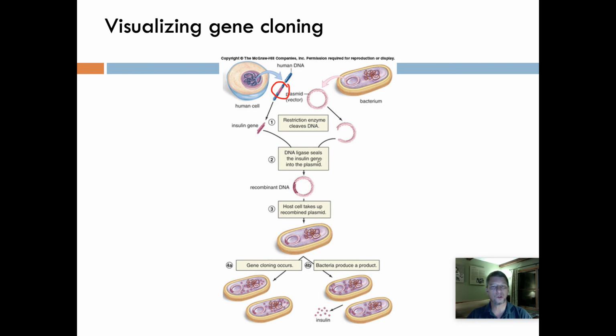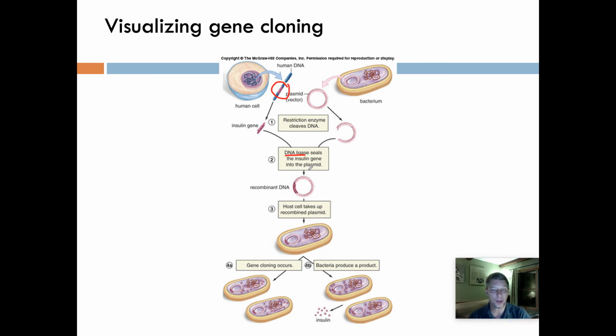We then use an enzyme called DNA ligase to glue these two pieces together. And we formed a new piece of DNA, a new plasmid, which is now recombinant because not only does it contain the bacterial plasmid, but it also contains the human gene for insulin. We force the bacterium to take that recombinant DNA back into its cell.